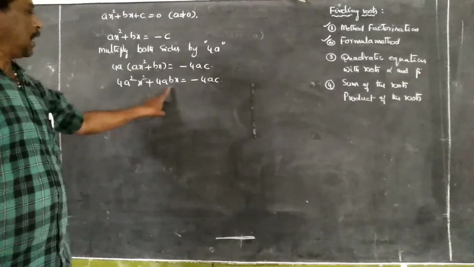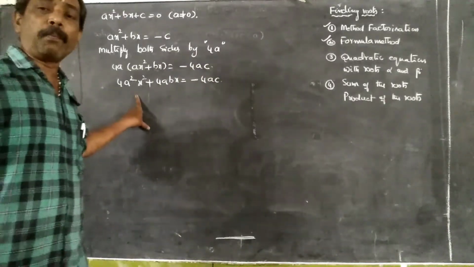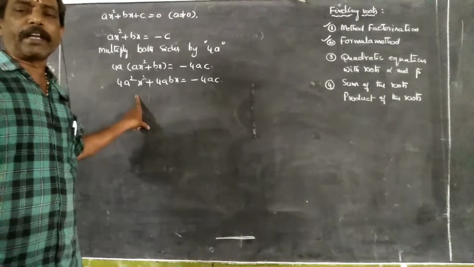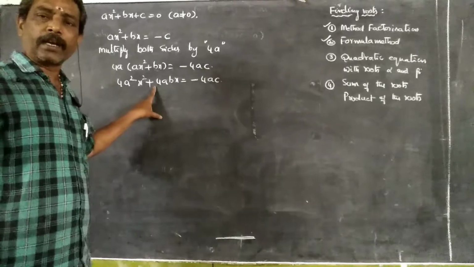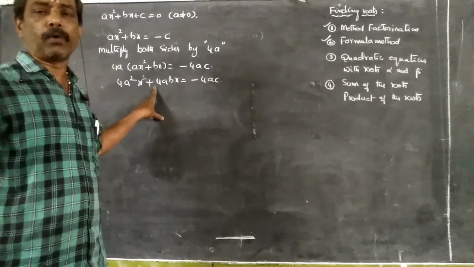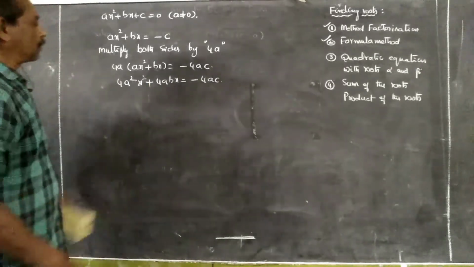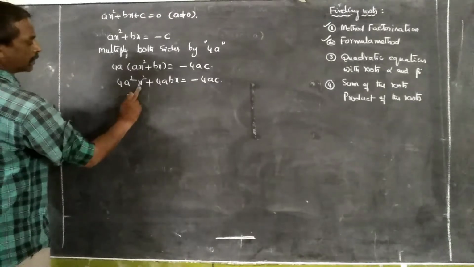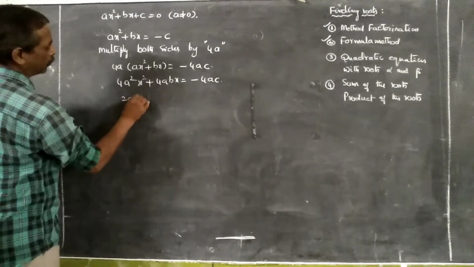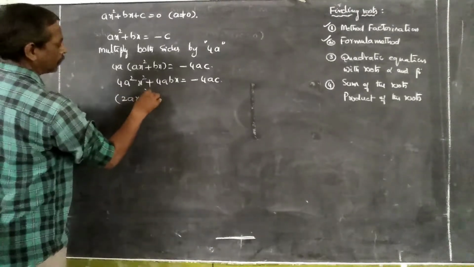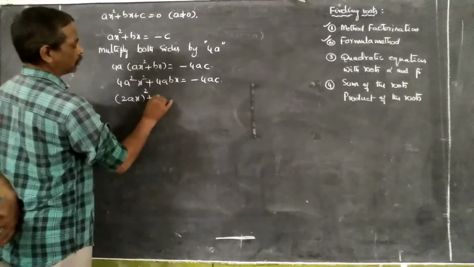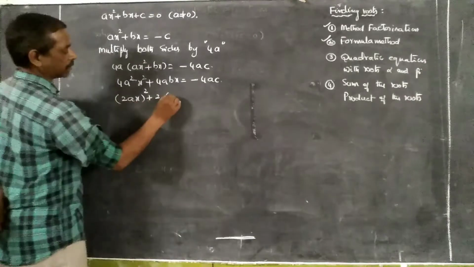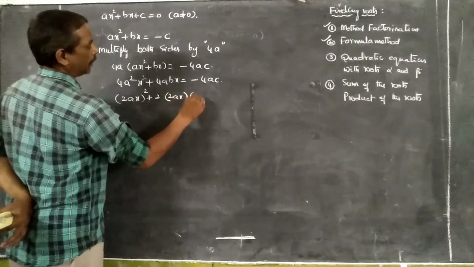Now reduce the LHS to a plus b whole square or a minus b whole square. Here the second term is plus, so we can convert this into a plus b whole square. So how will we convert? 4a square x square we can write as 2ax whole square. 4abx is in the form 2ab, that means 2 into 2ax into b.